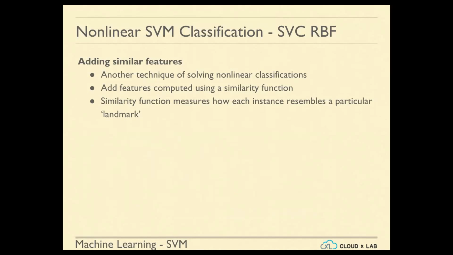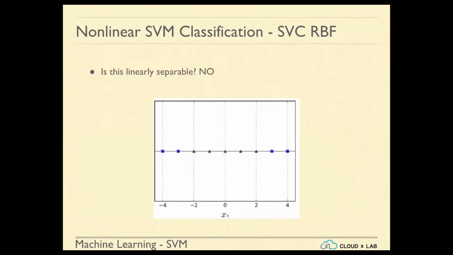Instead of that, what we do is we add other features which are derived from the existing features, in a way that they compute the similarity to other features. So we convert each feature into a landmark, and then compute the similarity features.